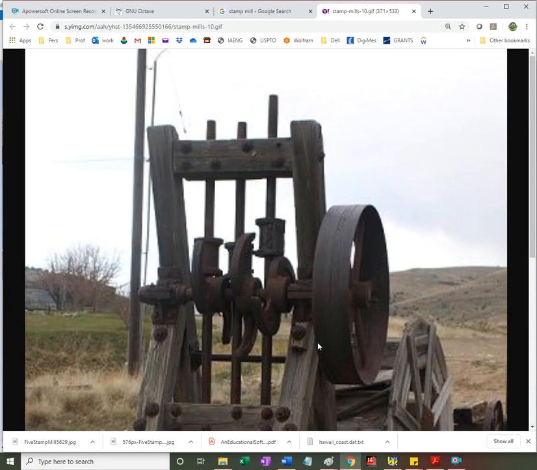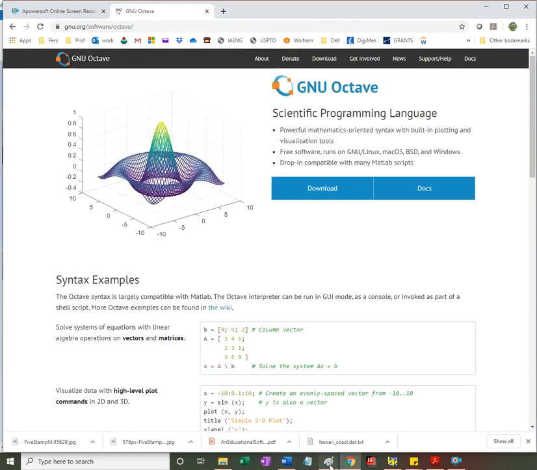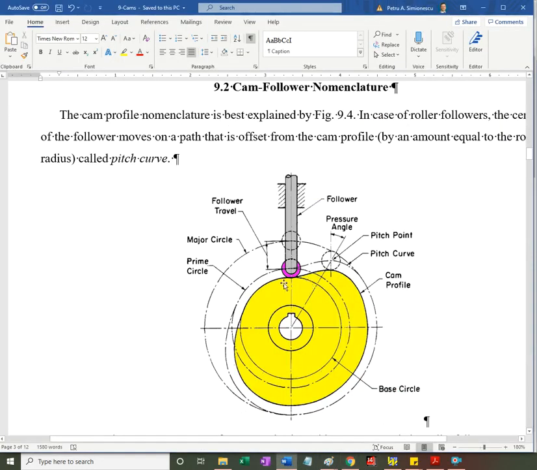The direction of rotation is this one, and there will be a point where the contact is broken and the follower just drops under the effect of gravity. So this is the way this works. But in other instances, you do not want the theoretical acceleration to exceed the acceleration at which the follower could come back under the effect of the spring that is used to maintain contact. Okay.